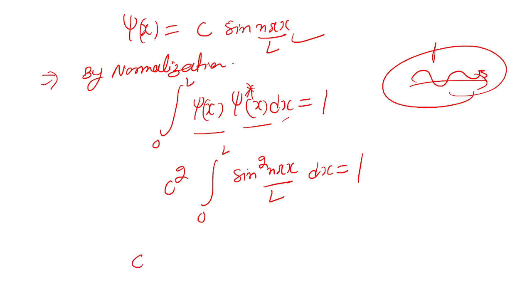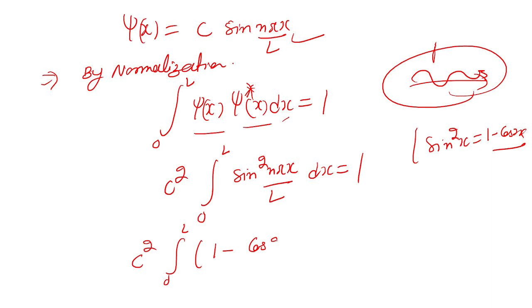By doing this further, you know that sine square x you can write as 1 minus cos 2x. Applying that here, we get 1 minus cos 2 n pi x over L dx is equal to 1.